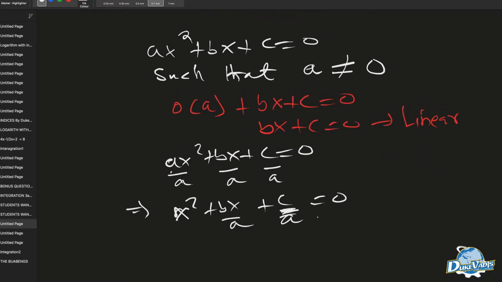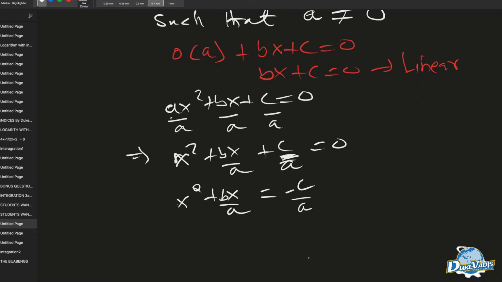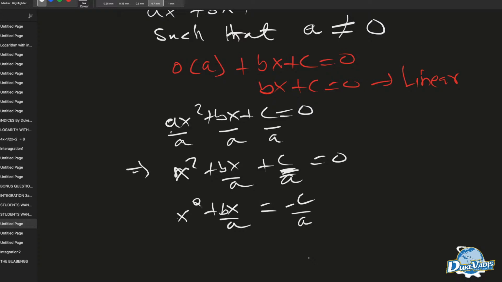Once again we can write it as x squared plus bx over a is equal to negative c over a. What have we done? We have shifted c over a to the right hand side of the equation. That is why we have it equal to negative c over a.